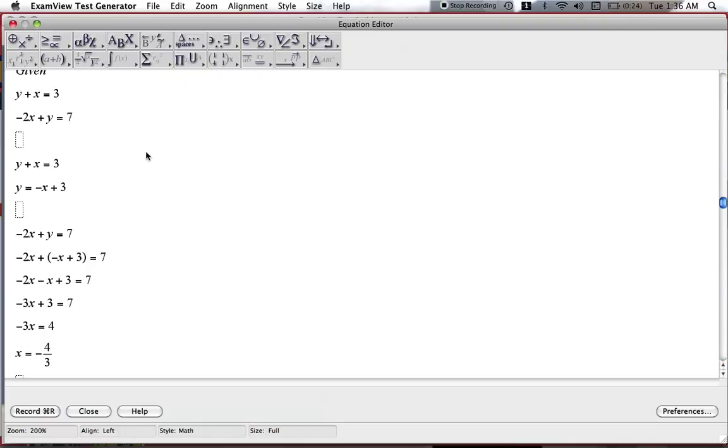Like I said, we can plug it into either original equation, y plus x equals 3, or negative 2x plus y equals 7, or any equivalent derived equation. So we could plug that x into this equation, y equals negative x plus 3, because this was simply derived from the first original equation, y plus x equals 3.